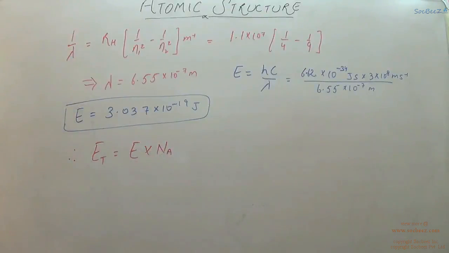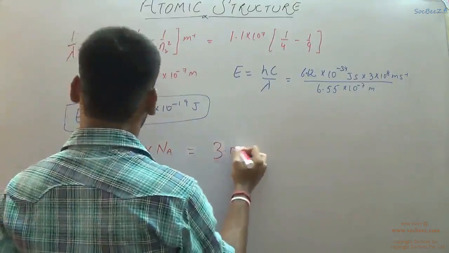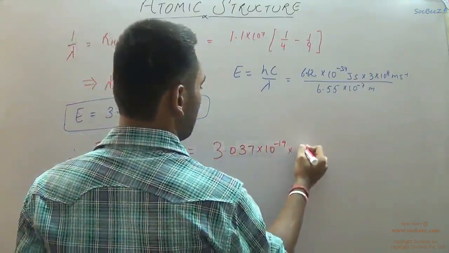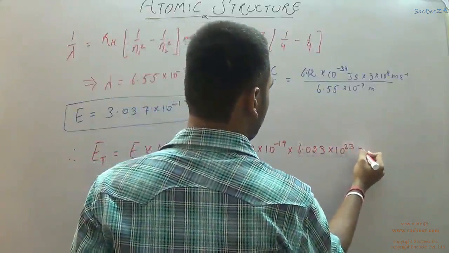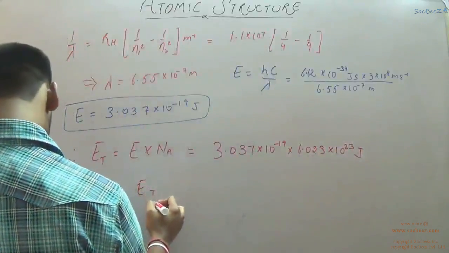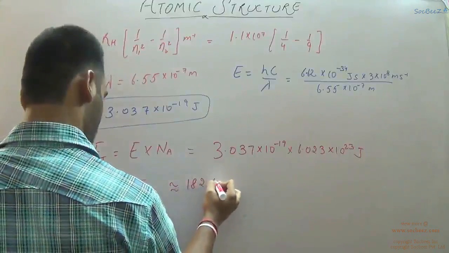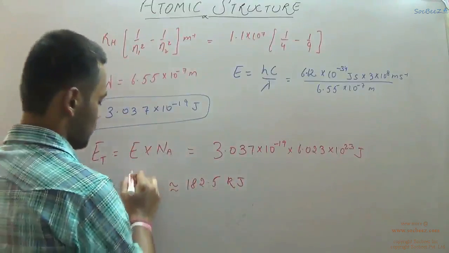That is 3.037 into 10 raised to the power minus 19 into 6.023 into 10 raised to the power 23 joules. The total energy comes out to be almost equal to 182.5 kilojoules. So this is the answer.